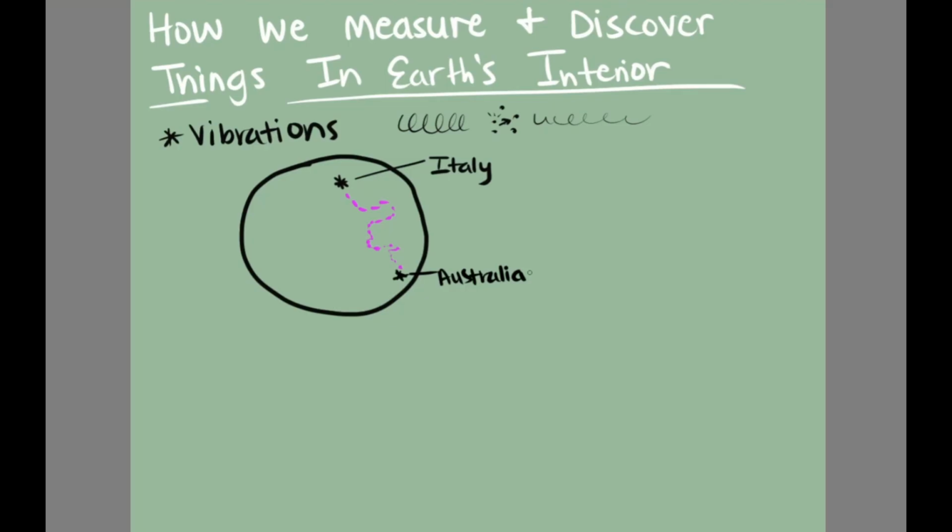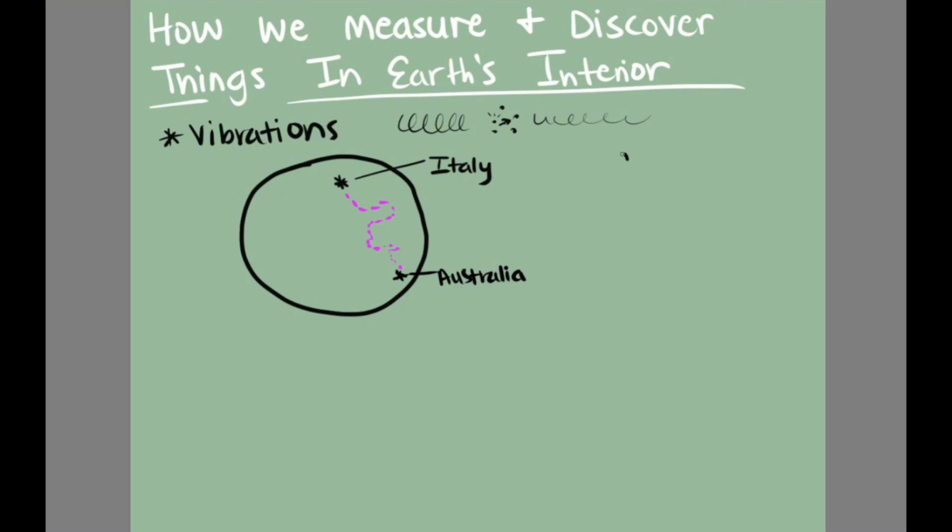So, what is happening here is that as the vibration travels, it's bumping into all of these different compounds and elements. All elements have a specific density, mass, volume to them. And so, as the vibrations travel, it's going to behave differently as it comes into contact with all those different elements.